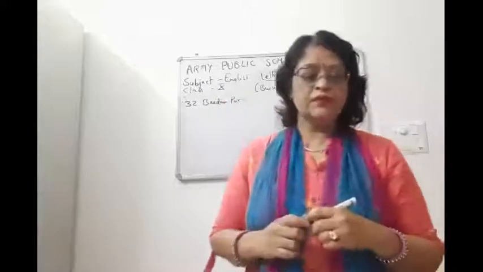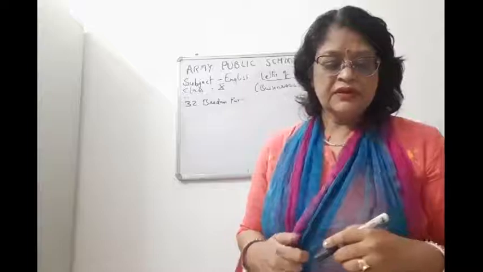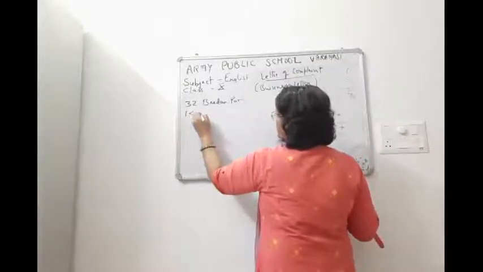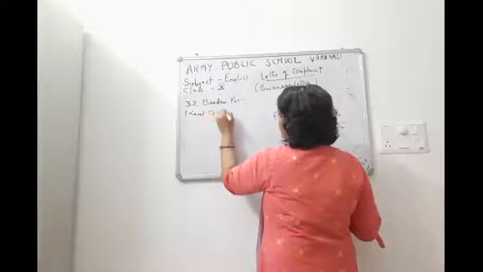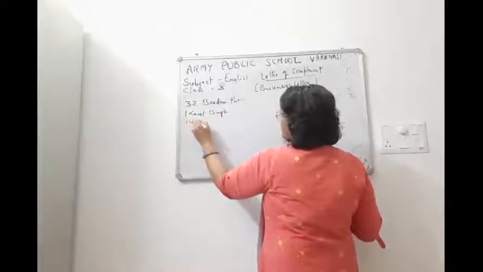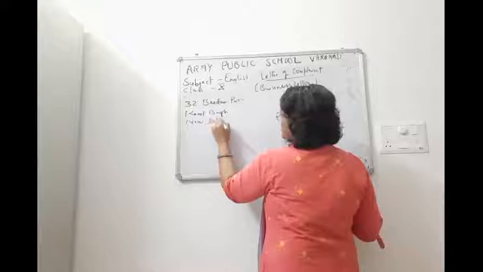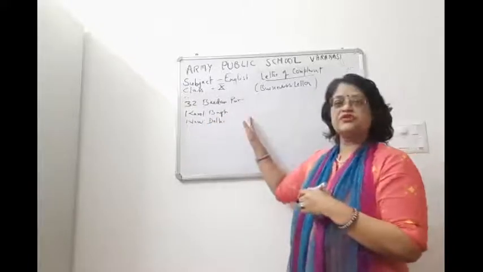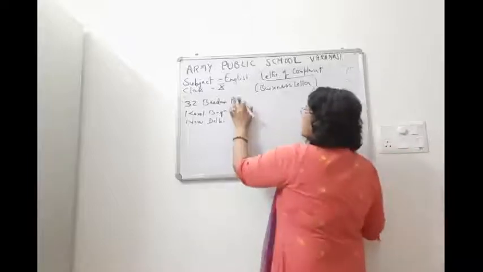Okay, what address is given? Let me read. Karol Bagh, New Delhi. Then the name of a place. This is the name of a colony. You can see, and I put no full stop or punctuation mark here.